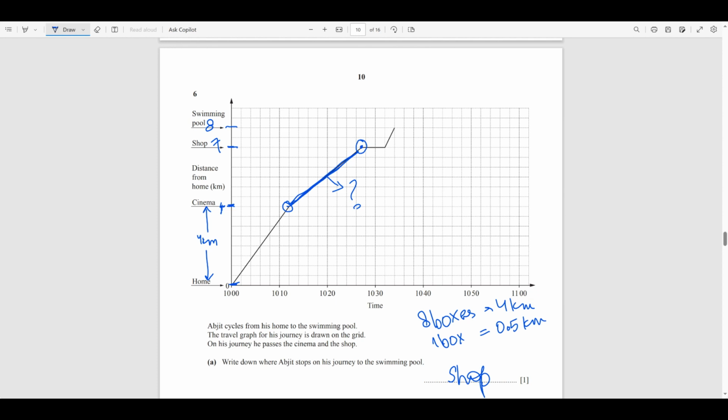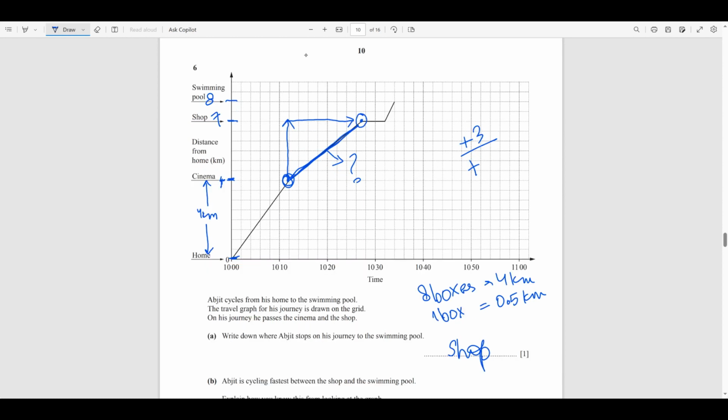So let's do it by rise over run. From this starting point, this is 4. So from 4 to 7, it's 3 units up, and then he is traveling a horizontal distance, again positive, from here to this time.